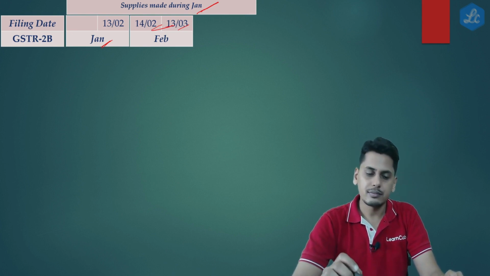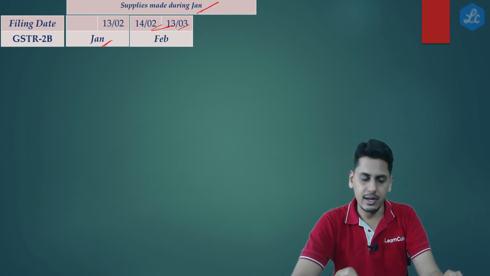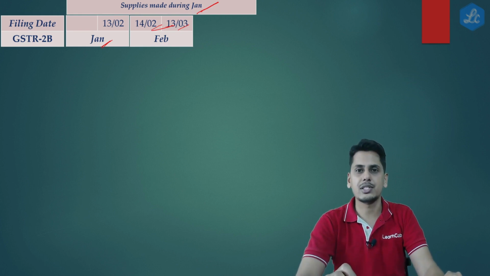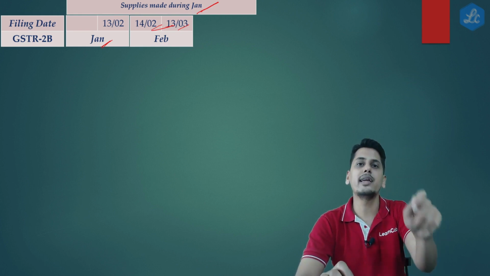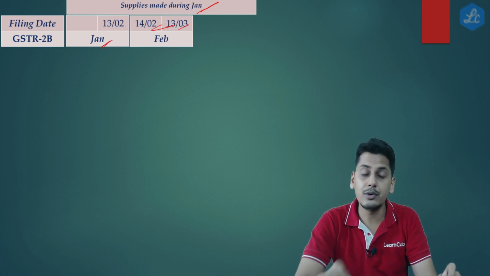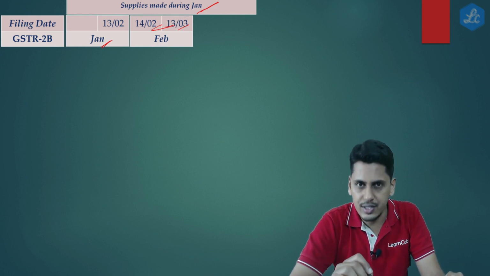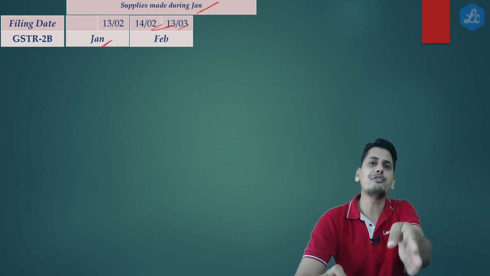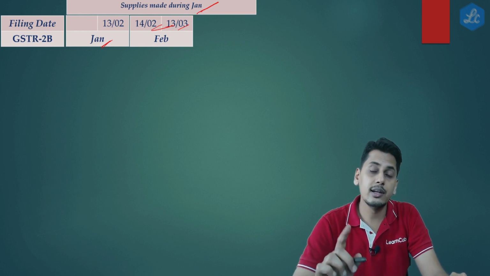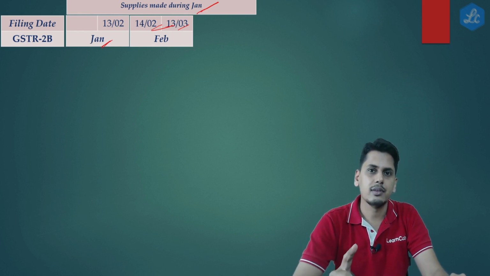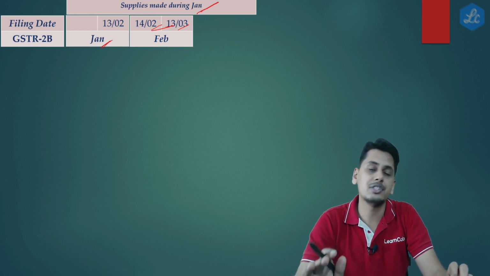Similarly, friends, if the details are furnished after 13th of March, which means from 14th of March onwards, it would appear in March month's GSTR 2B. But what is the cutoff for the March month's GSTR 2B? For the month of March, there is no separate IFF which needs to be filed.